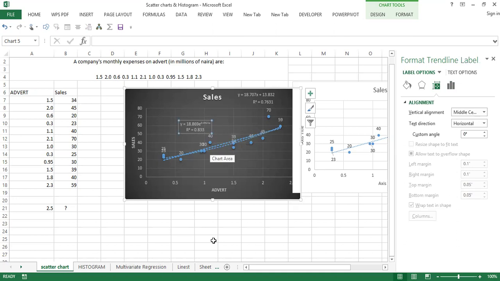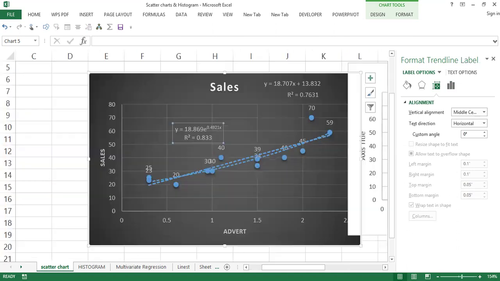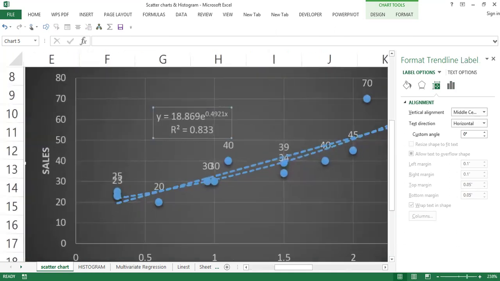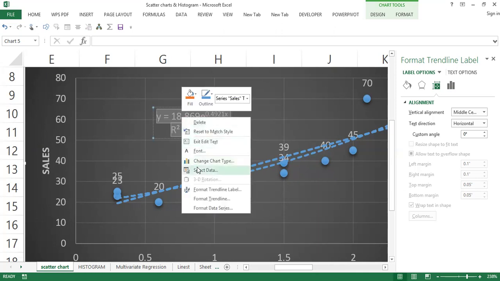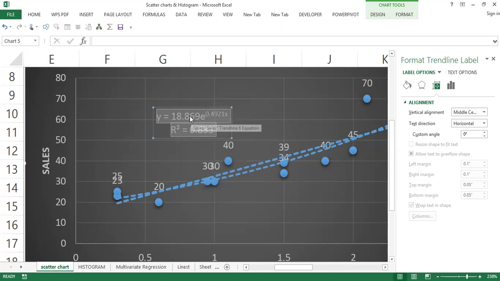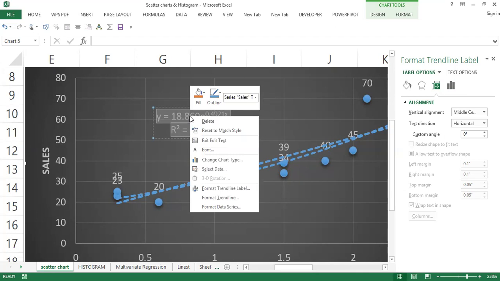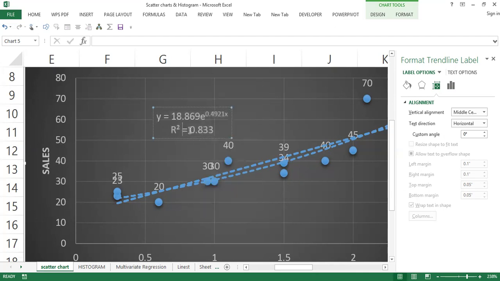Y equals 18.869 e to the power of 0.4921x.